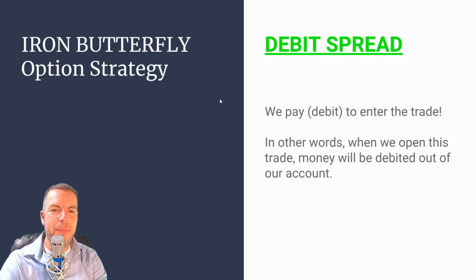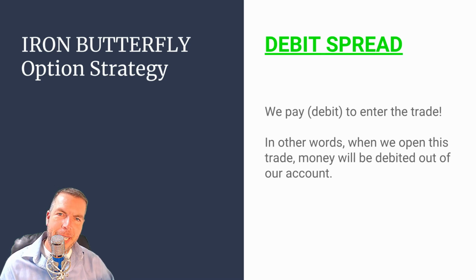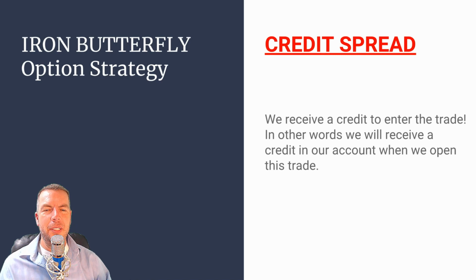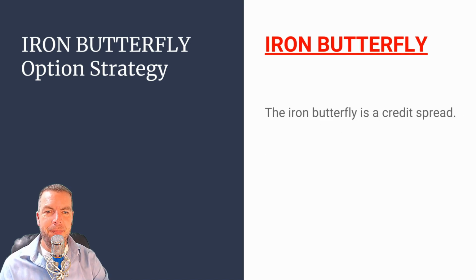With a debit spread, when we enter the trade we're buying into it, so money is debited out of our account to purchase the trade. With a credit spread, we receive a credit to enter the trade. When we sell to open that trade, we receive a credit in our account.